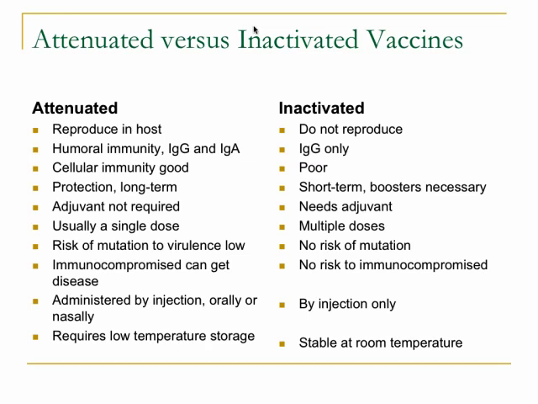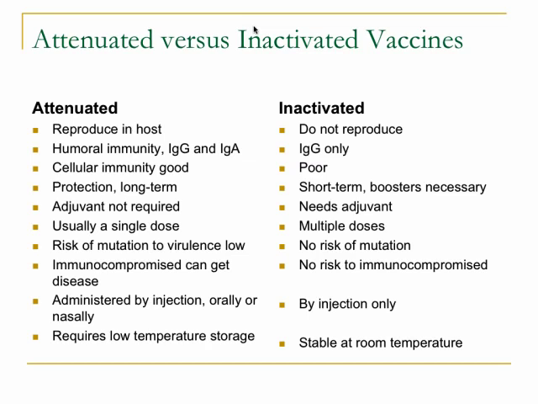Also, we don't want to administer this type of vaccine to immunocompromised or pregnant individuals because it is able to reproduce, and because of their immune status, they can get much more severe symptoms from the vaccine. And you have this flexibility of the method of administering the vaccine. You can do it by injection, orally, or nasally.